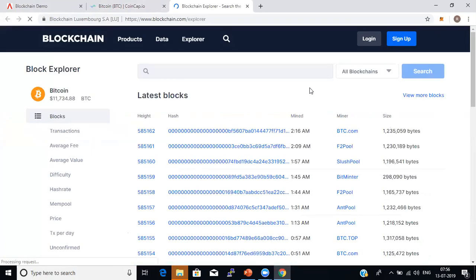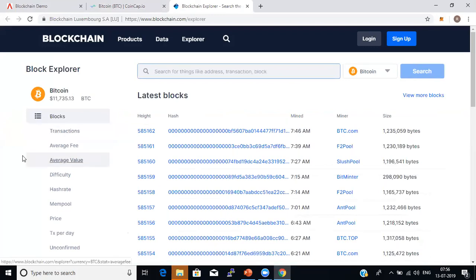When we observe this blockchain, the Bitcoin Explorer, these are the transactions in a block. This is the current block, and the current block hash code is this one.